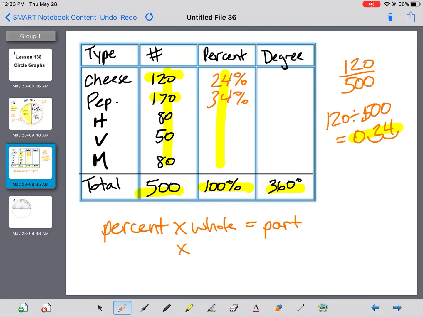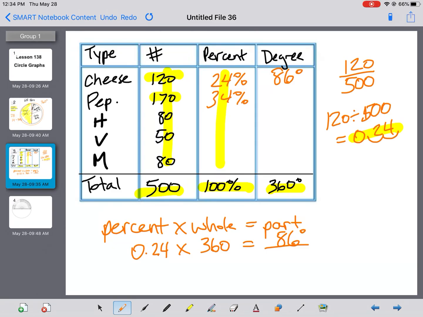So if your whole amount is 360 and we want to know the part, so for cheese pizza, let's do that one, we want to know what 24% of 360 is. All you have to do is multiply the decimal form of that percentage times 360 to get your degrees. And once again, you can do that on your calculator and you will end up with 86 degrees.